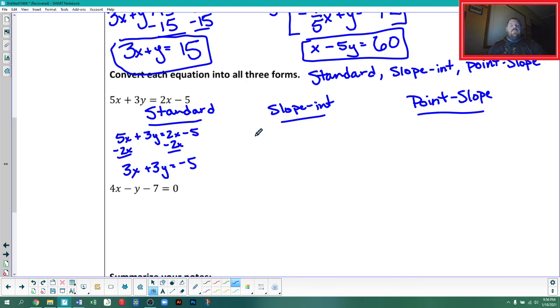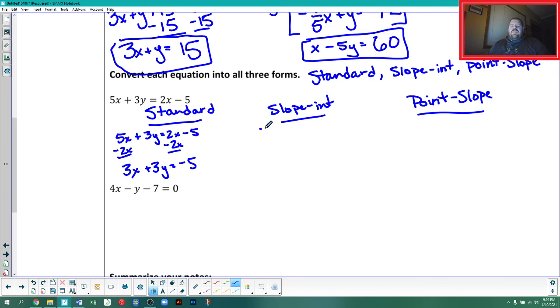Now, to go into slope-intercept form, you can either take what you already had, or take what you were given, or you can take what you came up with. It doesn't really matter. Since we worked on standard to slope-intercept form, maybe that makes a little bit more sense. But I'm going to pretend like we didn't start by doing standard, and I'm going to try to revert back to the original.